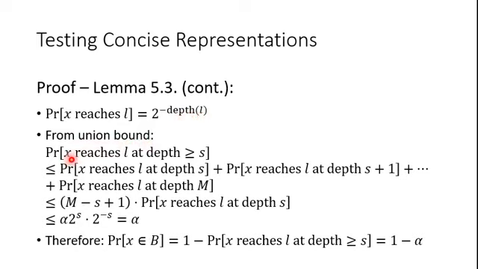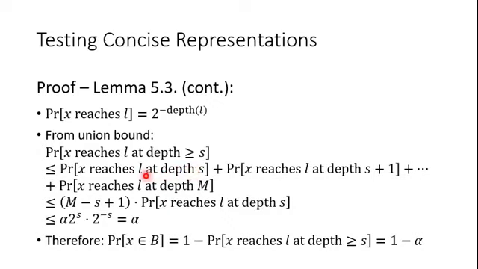Now from the union bound, we can get that this probability is less than or equal to the sum of the probabilities of reaching depth s, reaching depth s plus 1, and so on until we reach depth M. This is by the union bound. Then to get an upper bound for this sum of probabilities, we can observe that we have M minus s plus 1 terms, and we can take the highest probability of all of these, which is the probability that x reaches L at depth s.